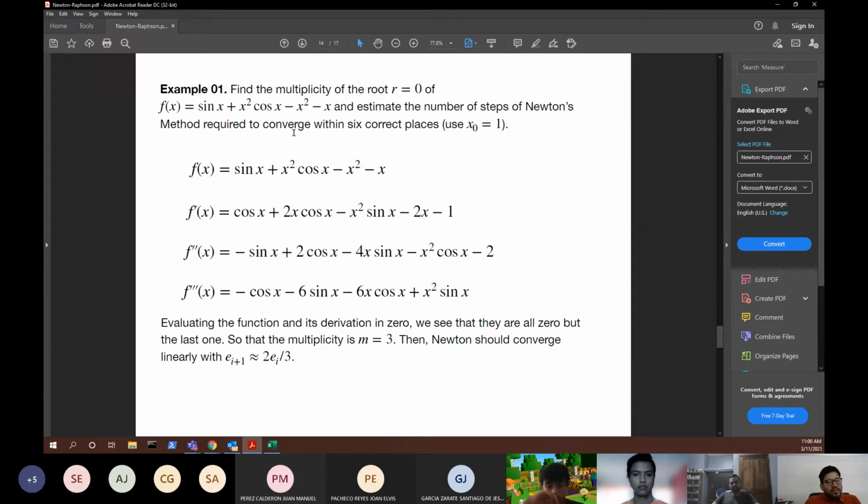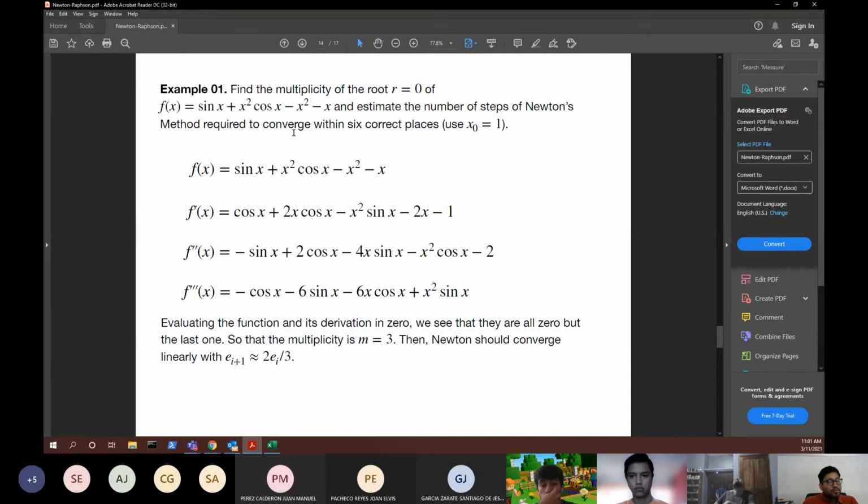Example number 1 says: find the multiplicity of the root r equal to 0 of f(x) = sin(x) x^2 cos(x) minus x^2 minus x, and estimate the number of steps of Newton's method required to converge within 6 correct places.